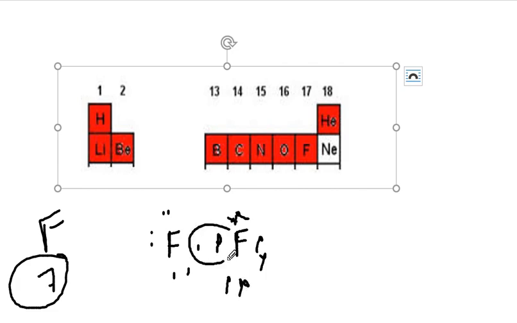Now if they join together, both of them have 8 electrons in their valence shell, and we get the fluorine molecule, that is F2.